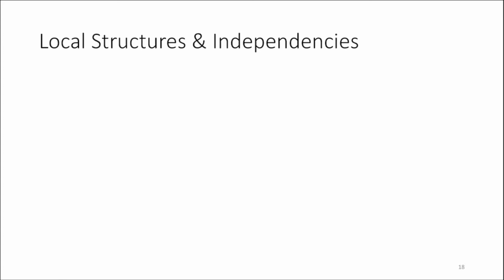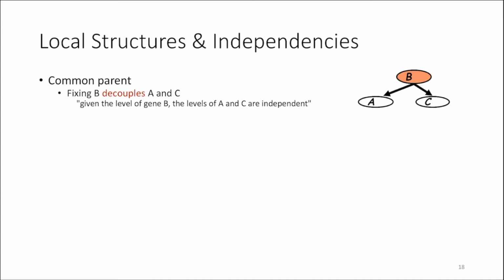In general, you'll see three types of motif or pattern in a Bayesian network. One type of motif is when one random variable, represented by B, is connected to two random variables.